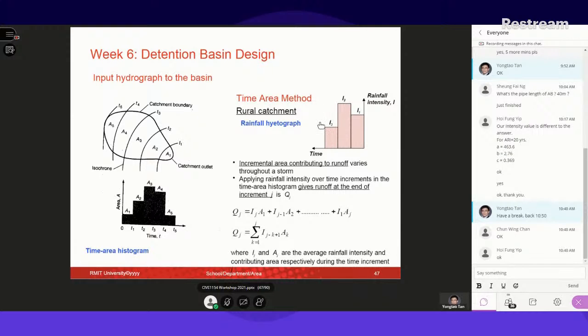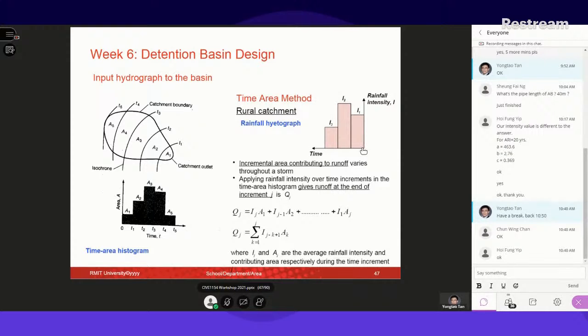Normally, to show the relation between the rainfall intensity and the time area histogram, we put the time axis of the rainfall hyetograph to the left side.